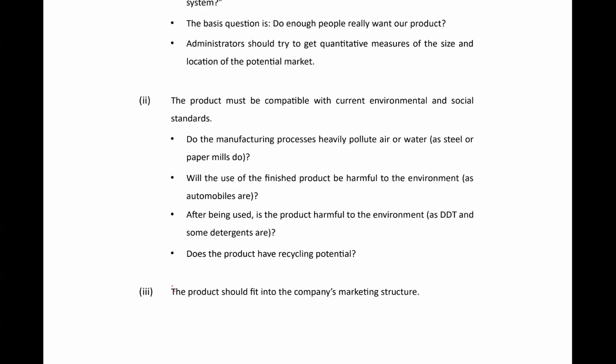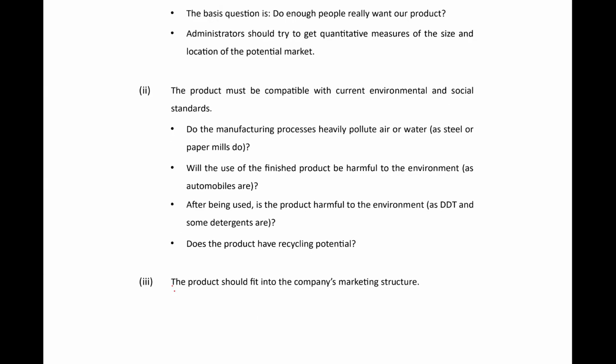Now, the product must be compatible with current environmental and social standards. So do the manufacturing processes heavily pollute? Does it pollute air? Does it pollute water? Will the use of the finished product be harmful to the environment? After being used, is the product harmful to the environment? That is very, very important. The product should fit the company's marketing structure.